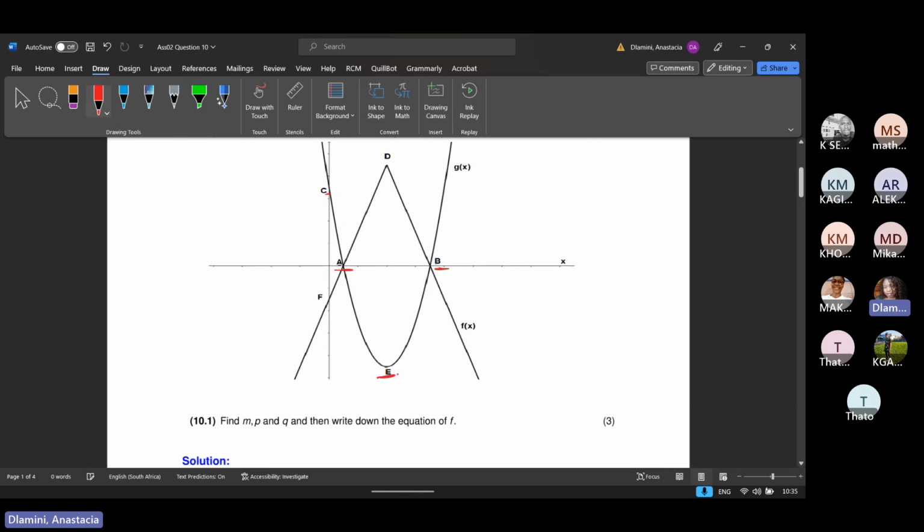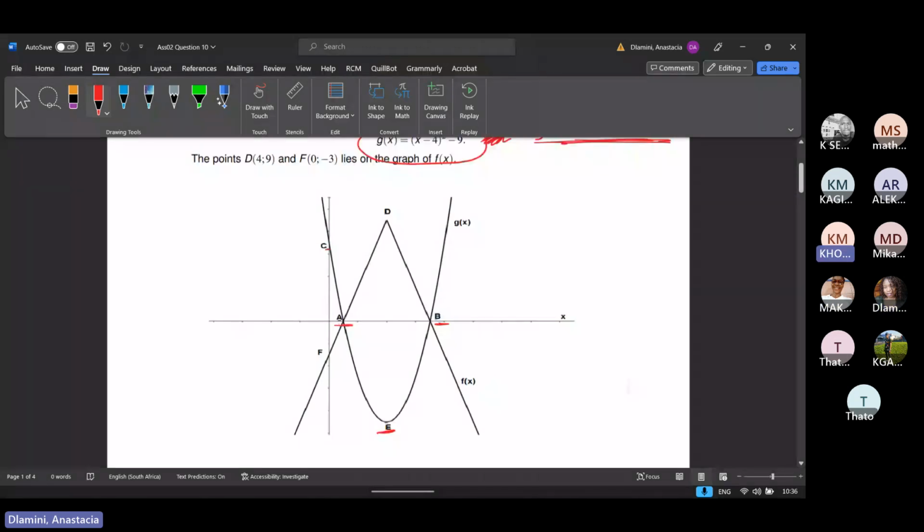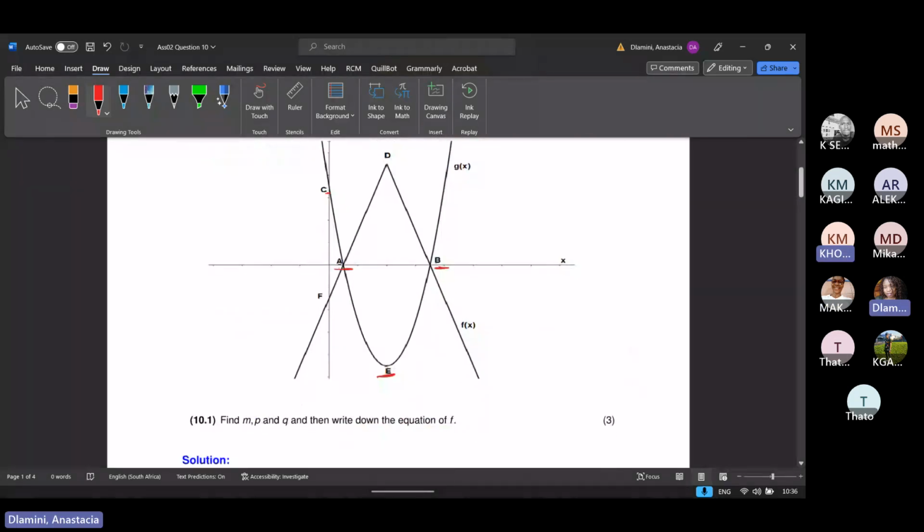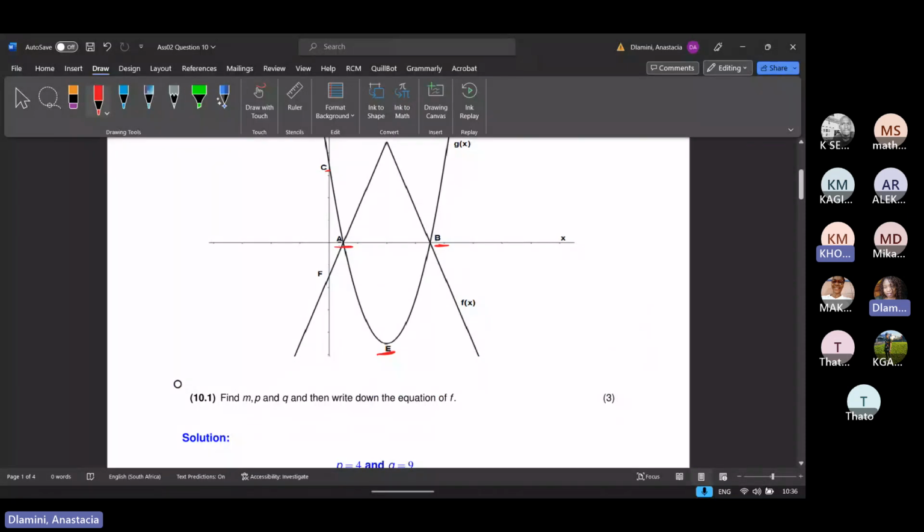And then E, what did we say E was? It's our turning point. What is another name for it? It's a vertex. Thank you.